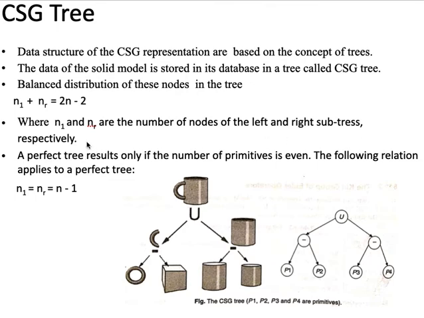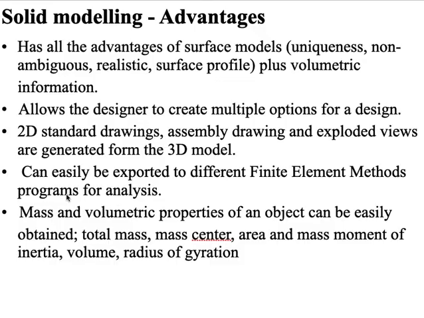A perfect tree results only if the number of primitives is even, and the following relation applies to the perfect tree: nl equals nr equals n minus 1. So this is what a CSG tree is.